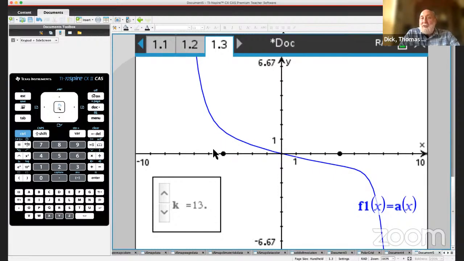But outside of -4, to the left of -4 and to the right of 4, as I alternate in degree, positive, odd and even, we can see that it takes off to infinity really quickly outside of -4 to 4. So it really gives us a sense of what that interval of convergence is representing for us.